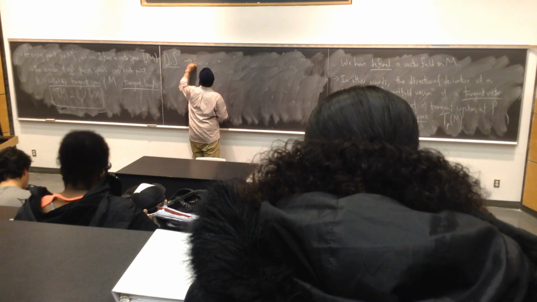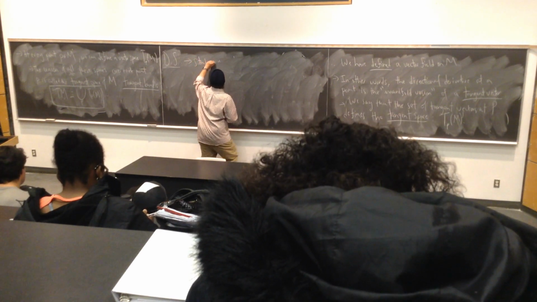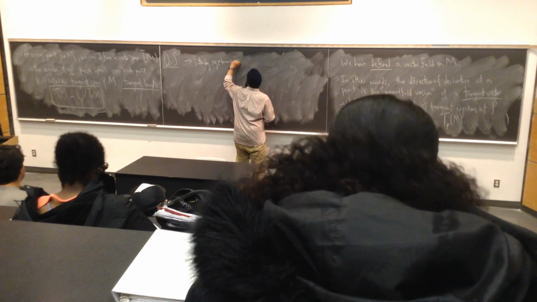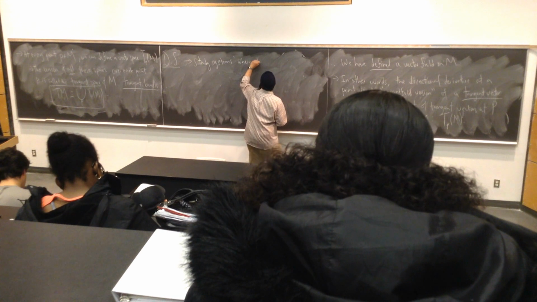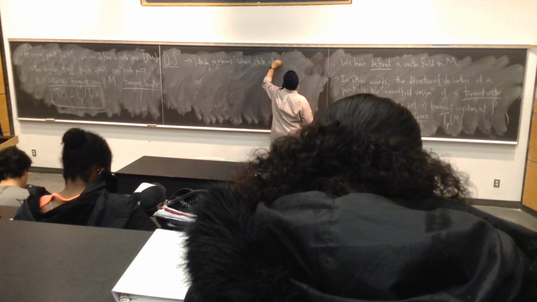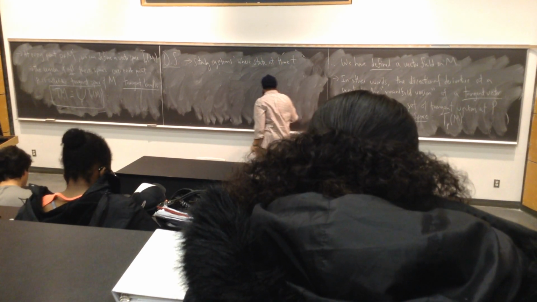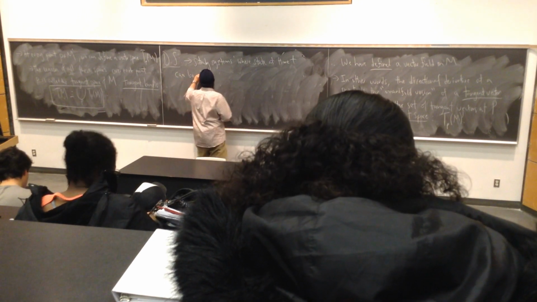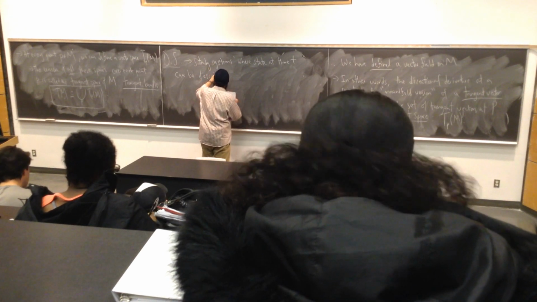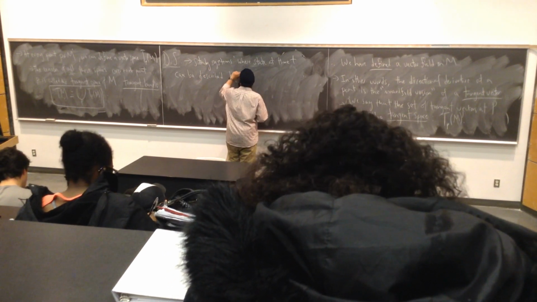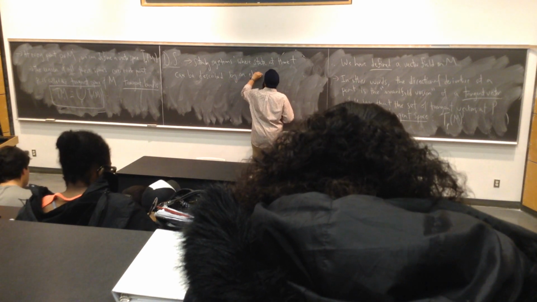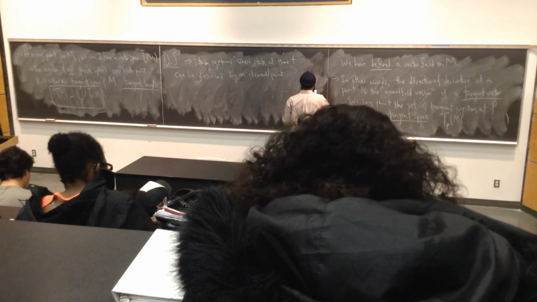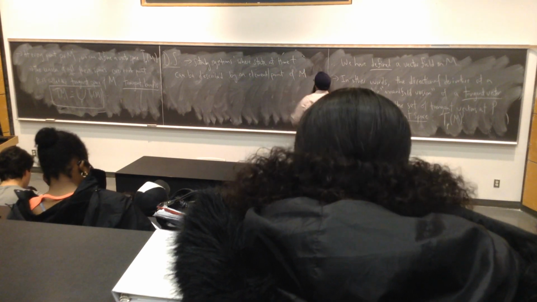Okay. So we wish to study systems, maybe they're physical systems, where the state of this system at time t, let's say, can be described by an element or point, for lack of a better word, of M, which is our manifold.